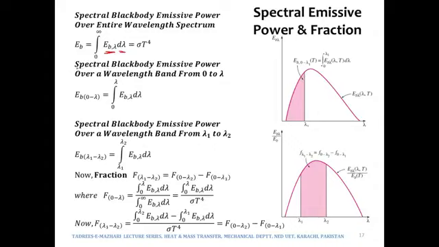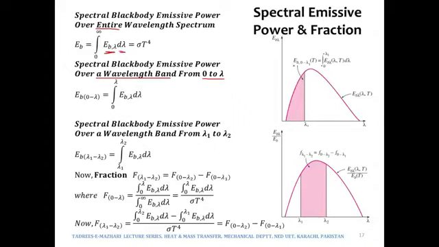Now it says spectral blackbody emissive power over a wavelength band, not over the entire wavelength, rather over a particular wavelength band from 0 to lambda. So we are interested in finding out this fraction of the total emissive power.